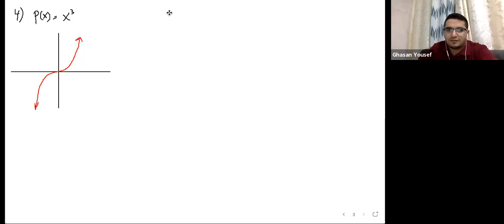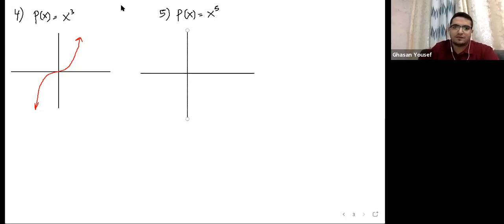But if I would like to graph number 5, b of x equal x to the power, for example, 5. It's going to be the same thing, but it will be more open at the 0, like this.